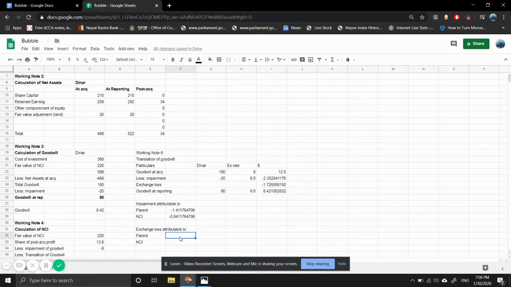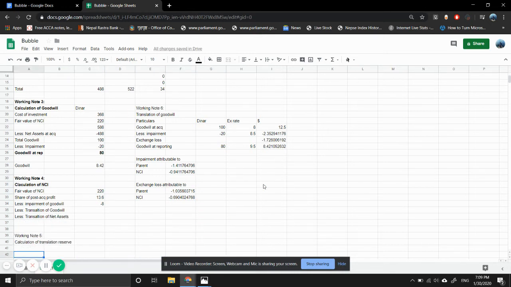Okay, so in case of parent as well, it's the same thing. So it is this figure into 0.6. So this figure into 0.4. So checking one more time, this figure plus this figure. Okay, makes sense. So that's all done.